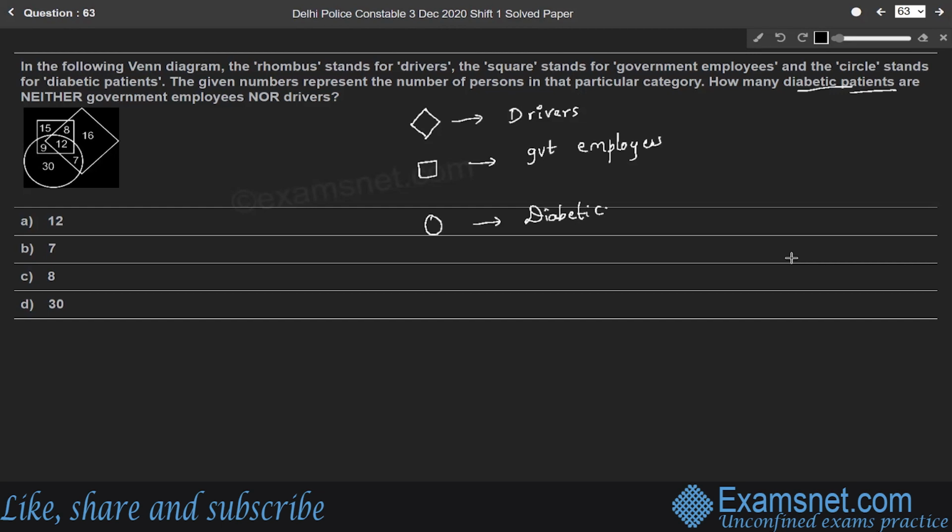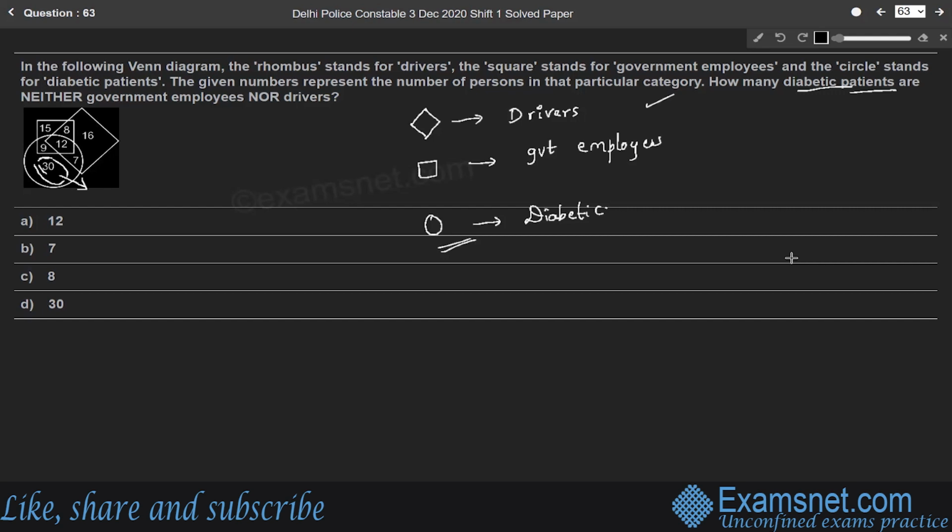We have to look for the diabetic patients portion, which is the circular portion, where the rhombus and the square portions are not included. The circular portion where rhombus and square portions are not included gives the diabetic patients. This is the number 30. This portion represents only diabetic patients who are neither government employees nor drivers.